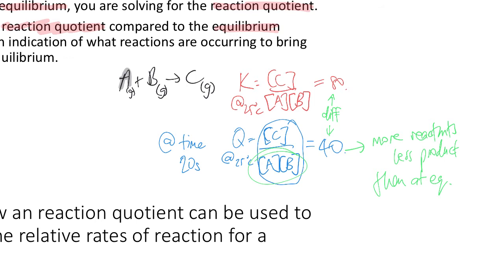Which means that you need to make more products and less reactants. How do I increase the value? I make more products and less reactants.